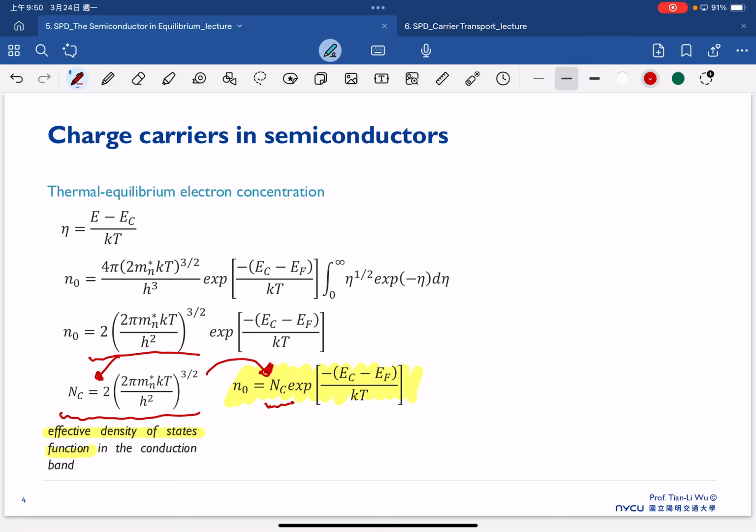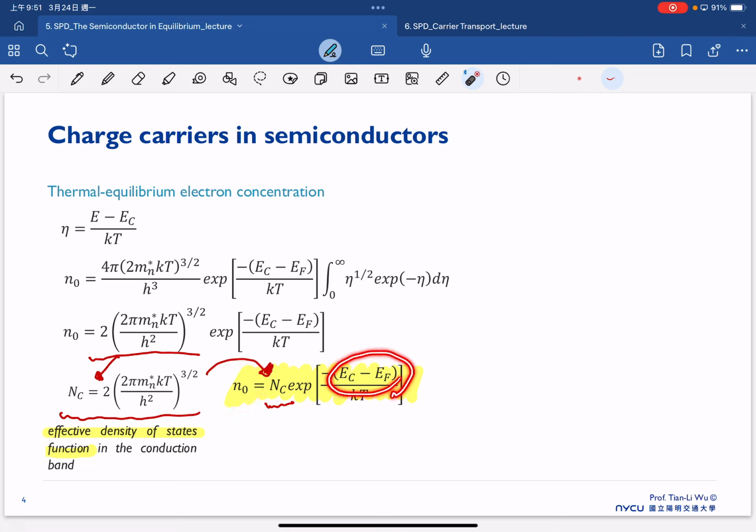From this equation, there are several implications. The most important is that our electron concentration, N0, depends on EC minus EF.